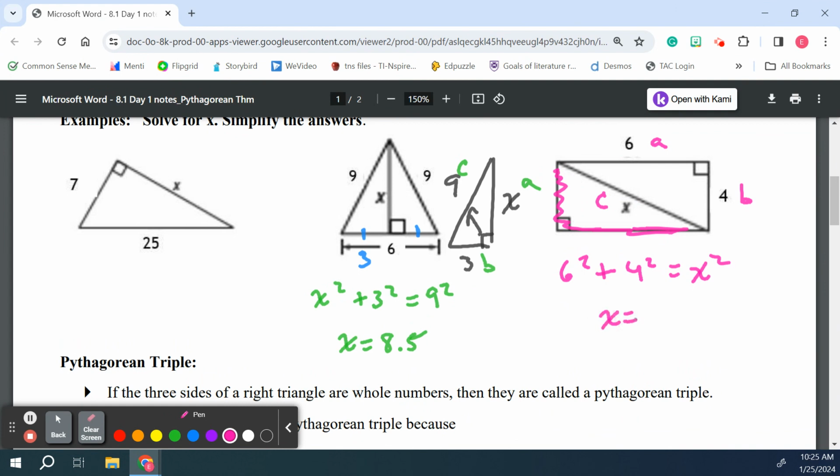Someone tell me, what does x equal? Broden, what does x equal? Not 100. That's x squared equals, let's see, 36 and 16. I don't think that's 100. Luis, what does x equal?